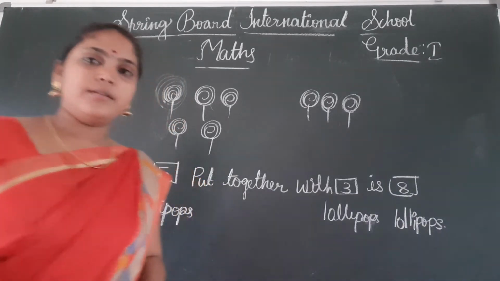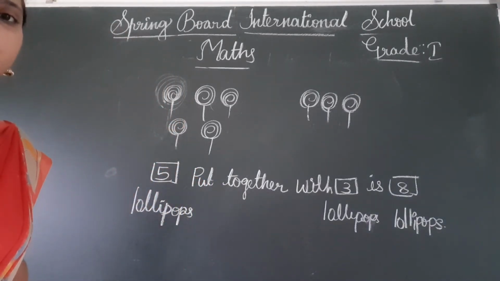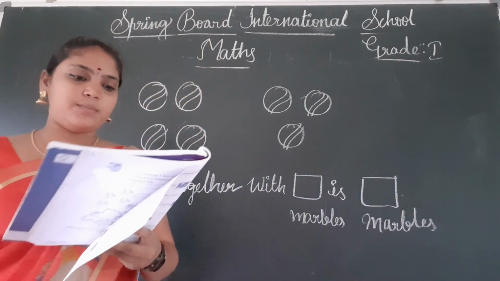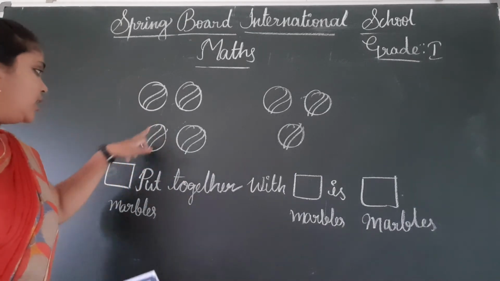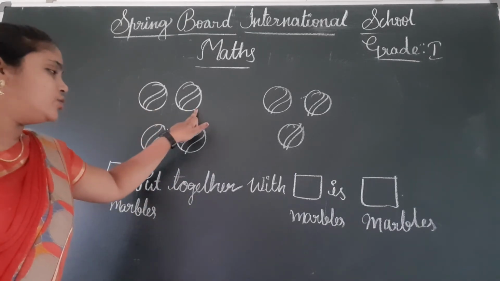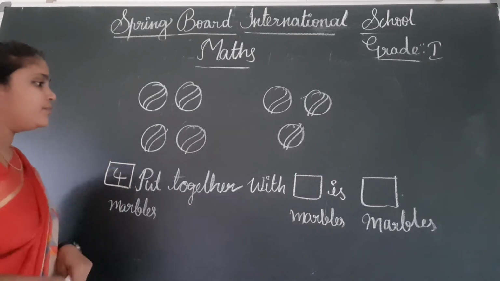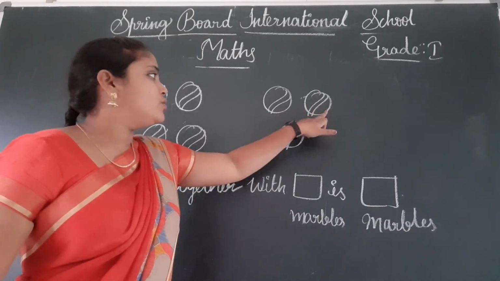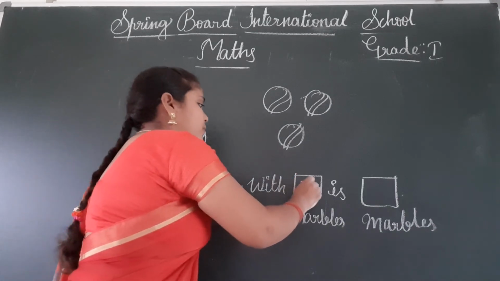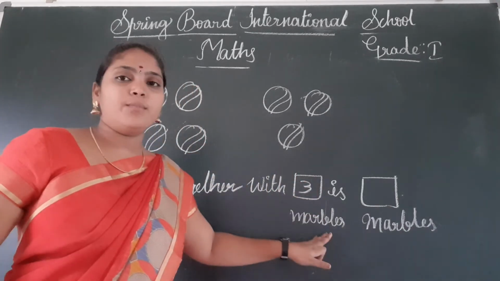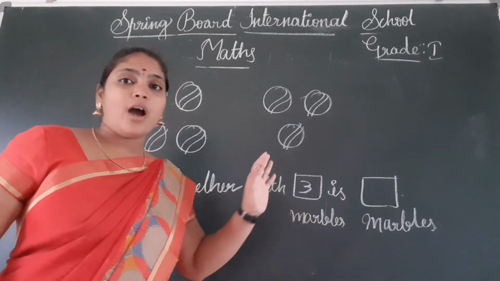Okay children, now done. Next B1. Dash, how many marbles are here? 1, 2, 3, 4. We have to write 4 here. Next 1, 2, 3. 4 marbles put together with 3 marbles is total how many marbles?